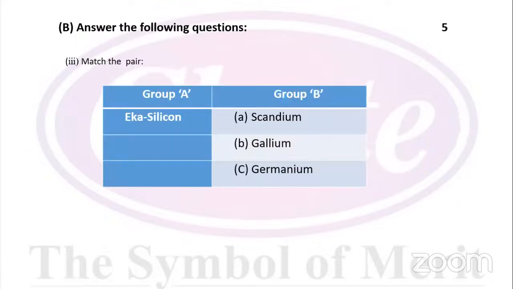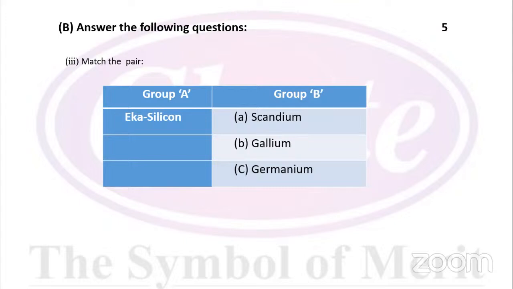In the next, match the pair. It gives you two groups, A and B. In the first group, it says Eka silicon. And in group B, they have given you the options like scandium, gallium, and germanium. Now from this, you come to know that these are related to Mendeleev's periodic table.